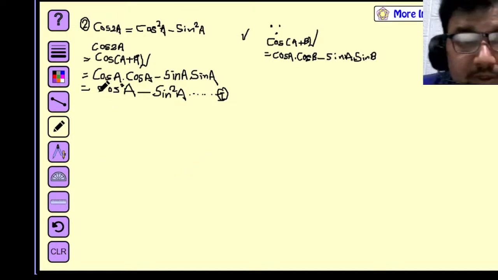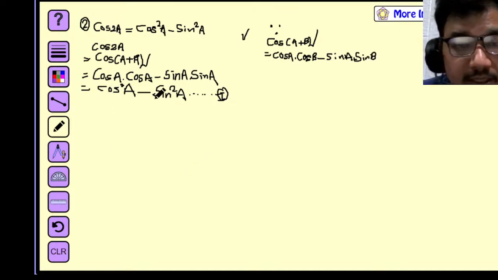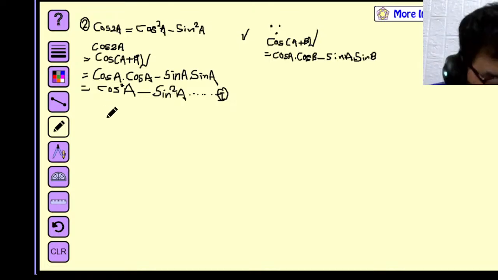So this is the first one, cos 2A equals cos square A minus sine square A. Now let's move to the next one.